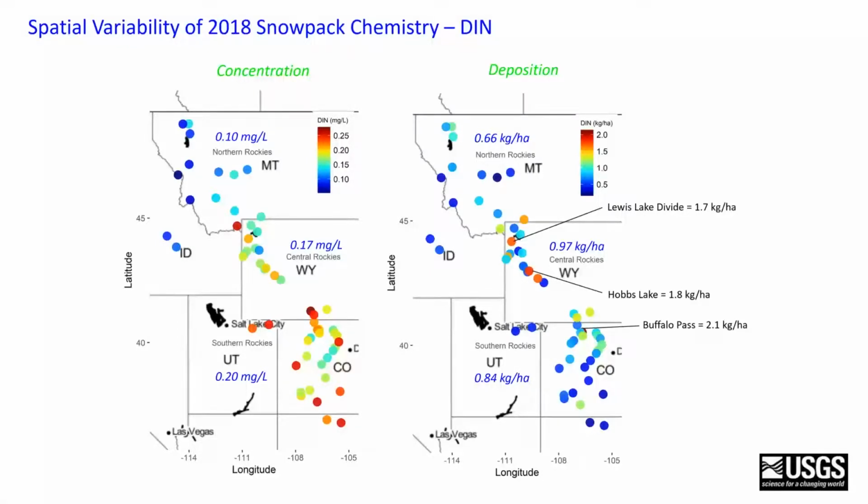This is dissolved inorganic nitrogen, with concentrations on the left and deposition on the right, from our snow chemistry data. 2018 was an interesting year. We had really low snow in the southern Rockies and very high snow in the northern Rockies. So you see this big difference in concentrations that reflects that difference in snow year. But that's just an example of the spatial extent of our data.